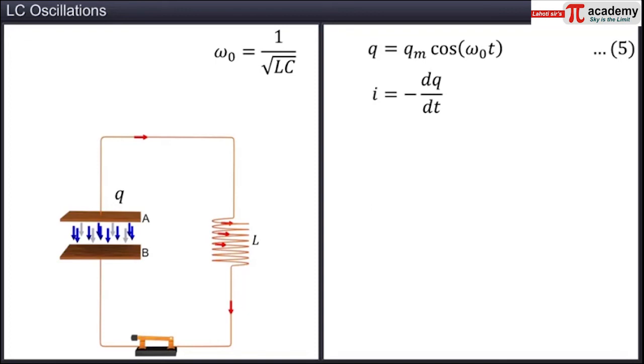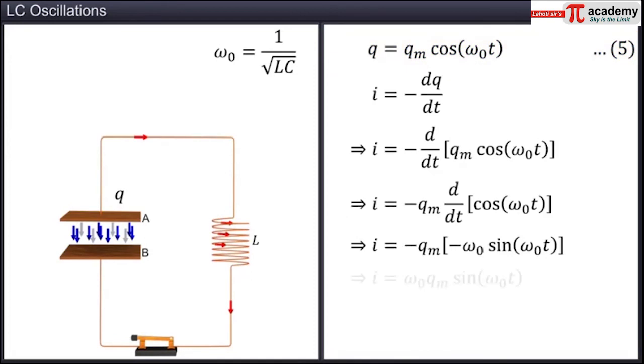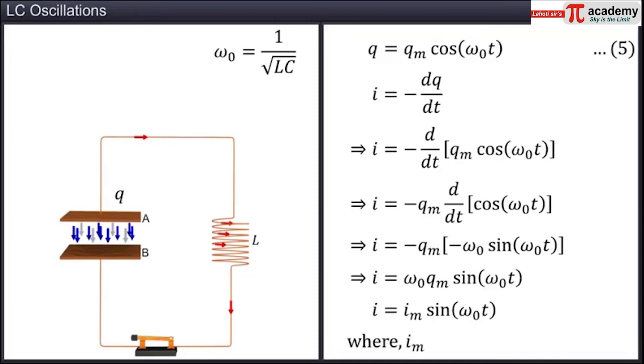Substituting the expression for charge from equation 5 and simplifying, we get I is equal to Im sin omega naught t, where Im is equal to omega naught into qm. Let this be equation 6.